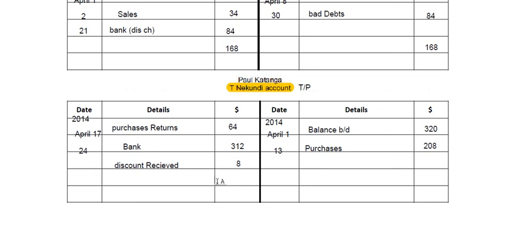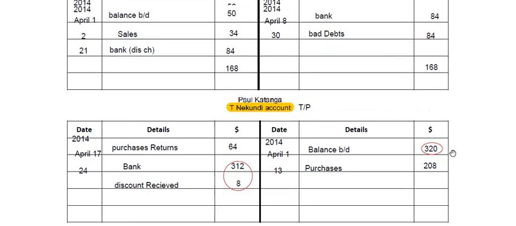So we can circle that 312 and 8, and circle the 320 on the other side just to show you that this cancels that 320. So you were owing this guy 320 and now you have paid him 312 and got a discount of $8. Which means now you need to pay him only for the purchases on 13 minus the purchases returns on 17.